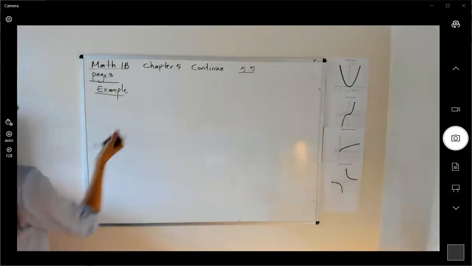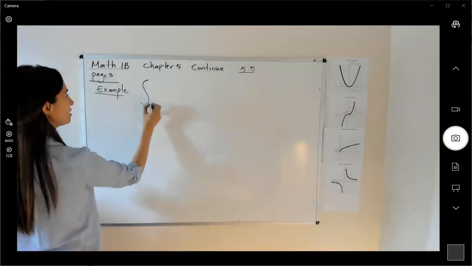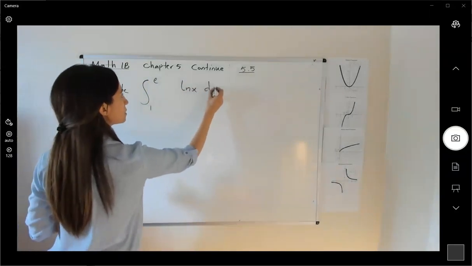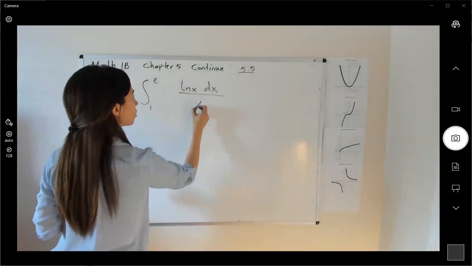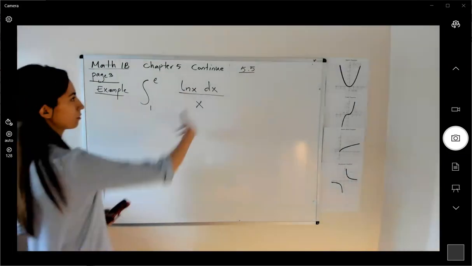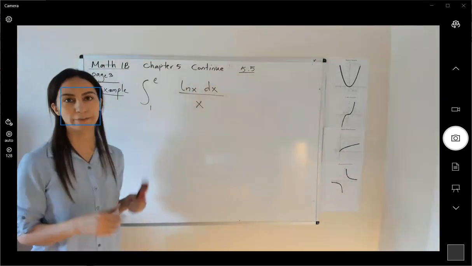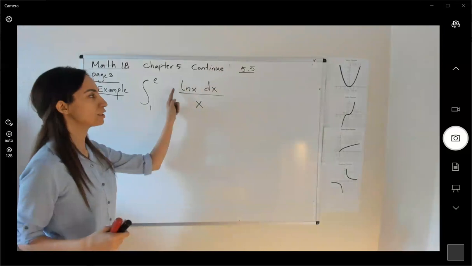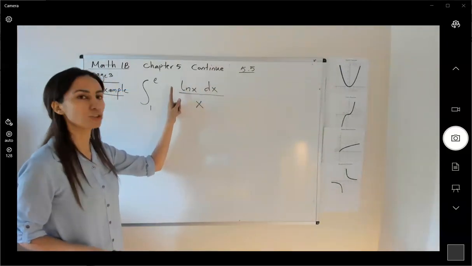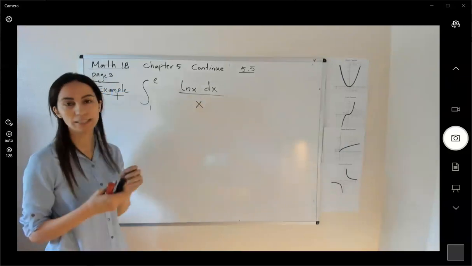Question says, calculate the integral from 1 to e of ln of x dx divided by x. Perfect. So, you have ln function. Guys, when you have ln function and you want to use u substitution, your u or g is always ln.